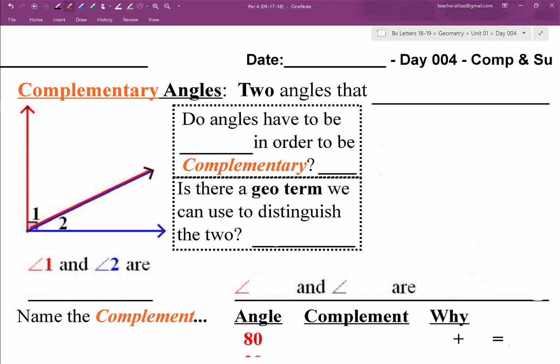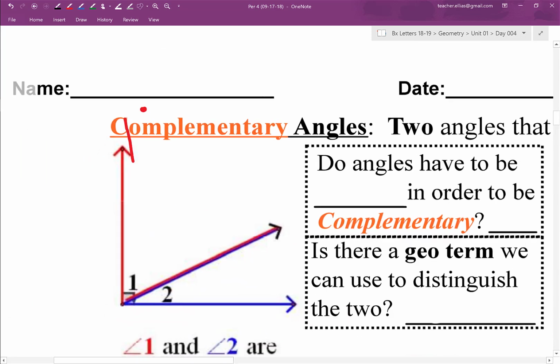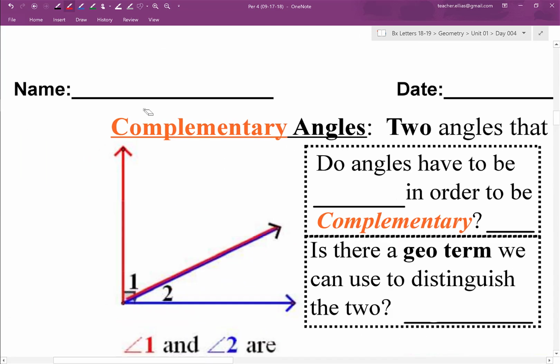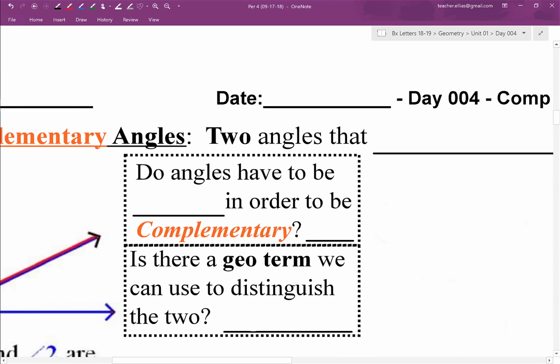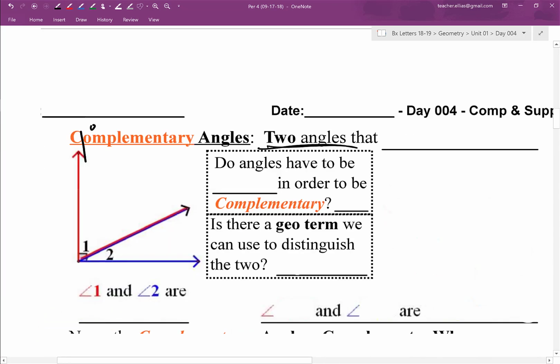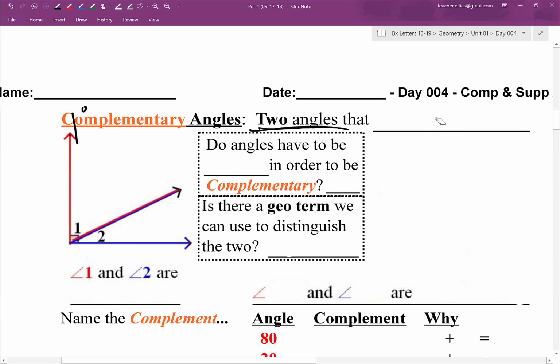What do you think it means to be complementary, Jacob? All right, so it's two angles that do what? That add up to 90. Two angles that add up to 90.